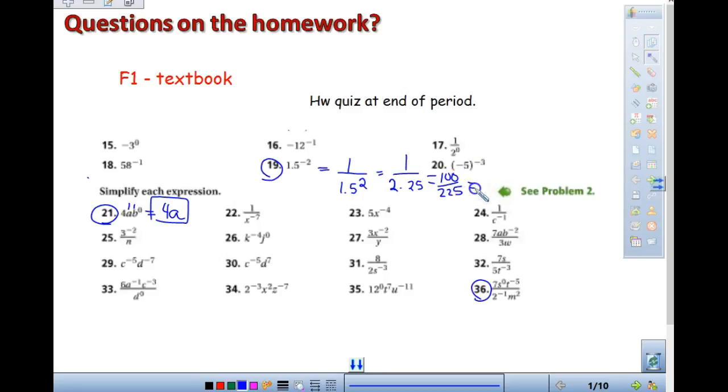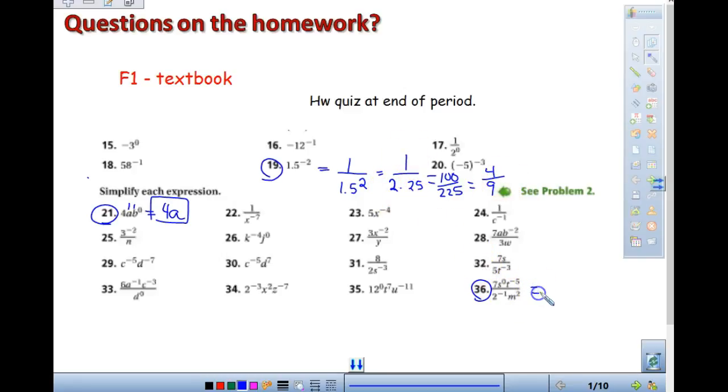And 100 over 225 simplifies to... That's how they got that answer, right? We're going to say that 25 can go into both of those, right? 25 goes into 100 4 times. 25 goes into 225. How many quarters would you have? 9. That's how they got that answer. So yeah, can't have a fraction in there, okay? So if you see one of those.